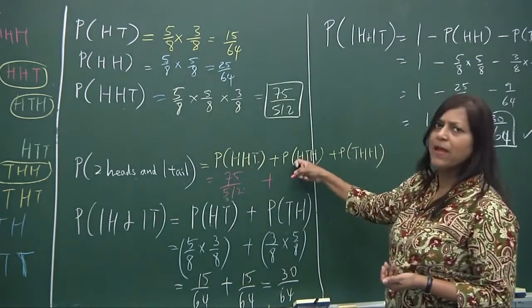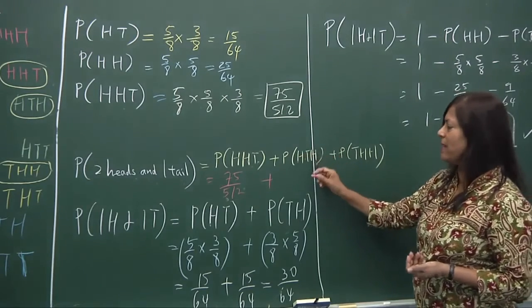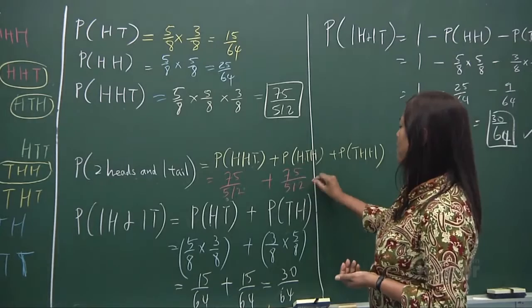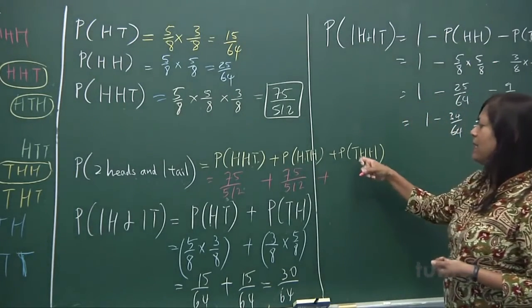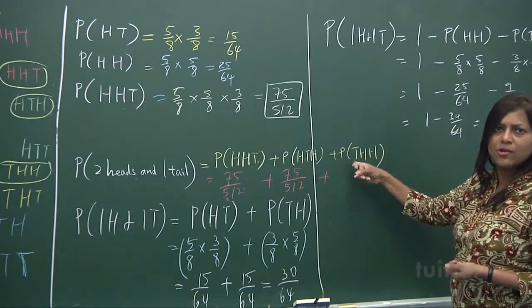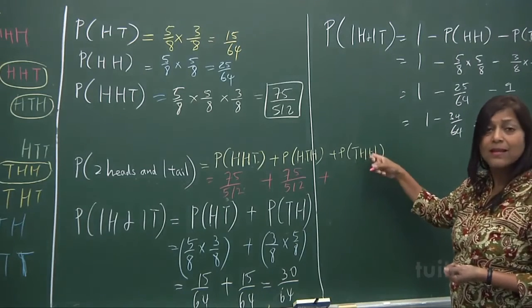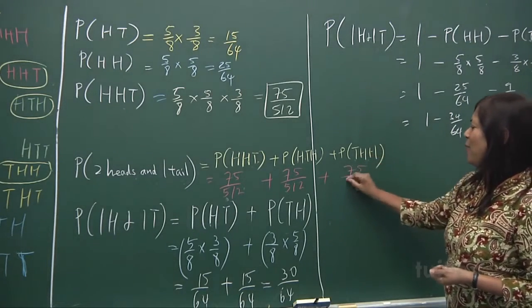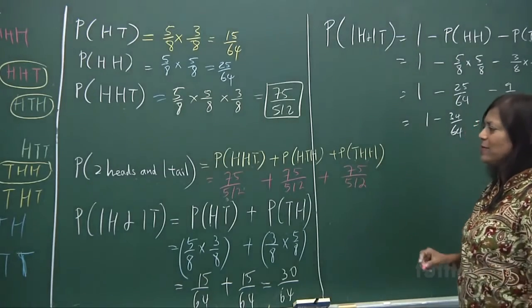Similarly here, 5/8 times 3/8 times 5/8 will give us 75 over 512. Similarly, a tail, head, head, 3/8 times 5/8 times 5/8, you get 75 over 512.